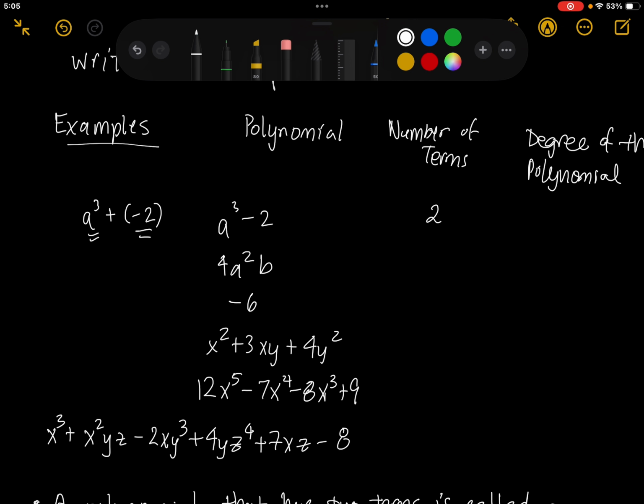in the first example, and the degree of the polynomial is 3. Because the first term has degree 3, a cubed has degree 3, negative 2 has degree 0.